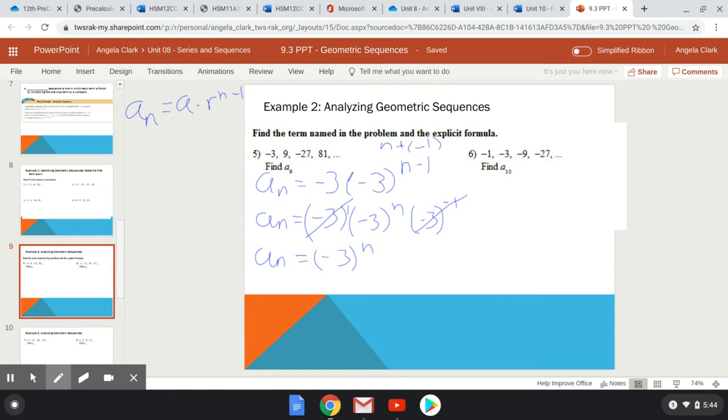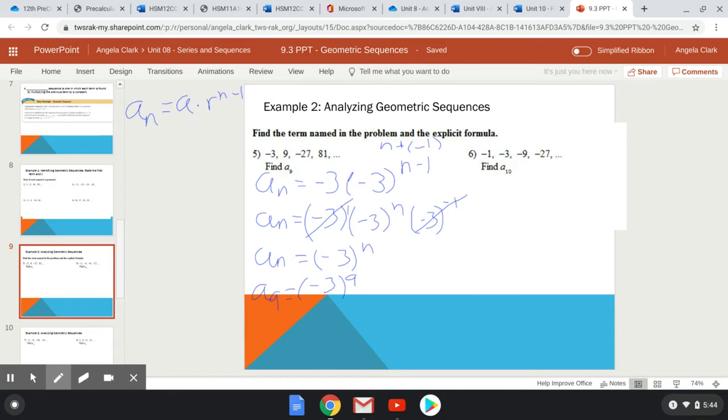So now let's go ahead and find A sub 9. That's going to be -3 to the 9, right? Because the way that we simplified it, this n becomes this n. That works for the way that we simplified it.